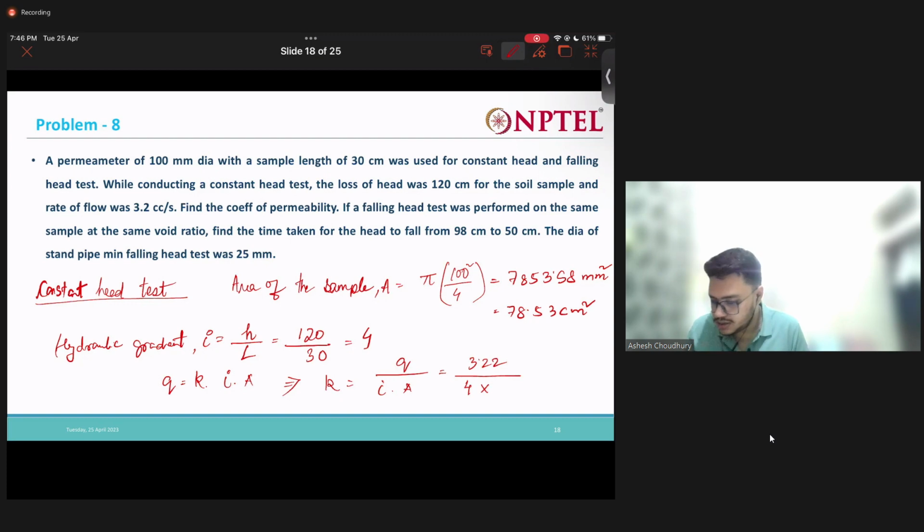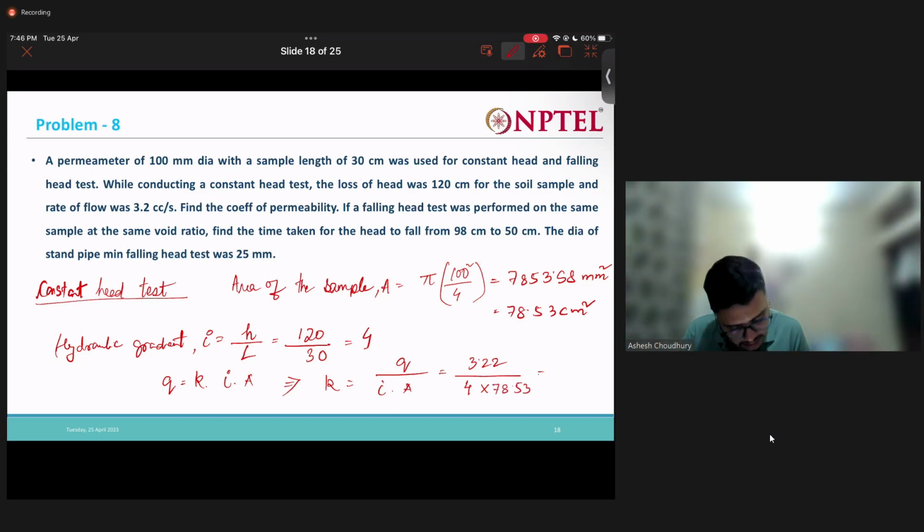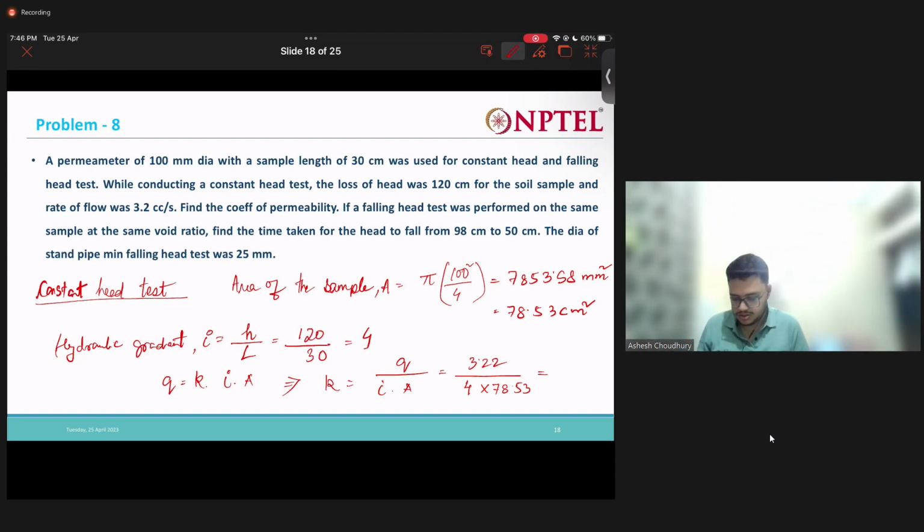Area is 78. So how much will it be? 0.0102.